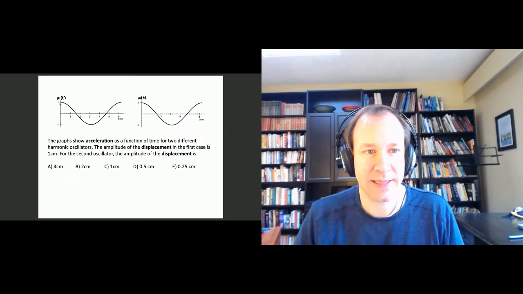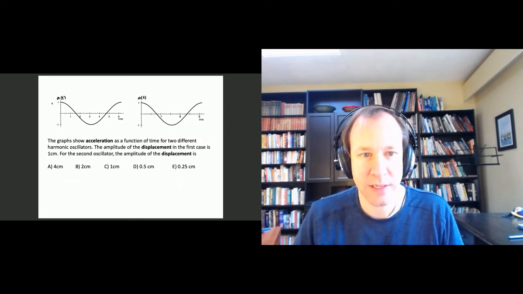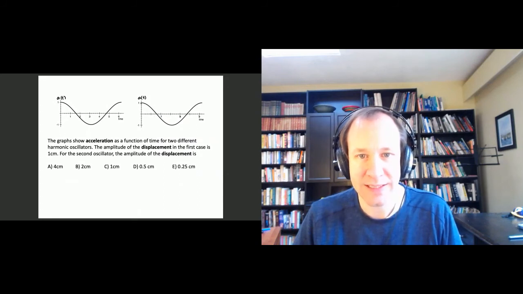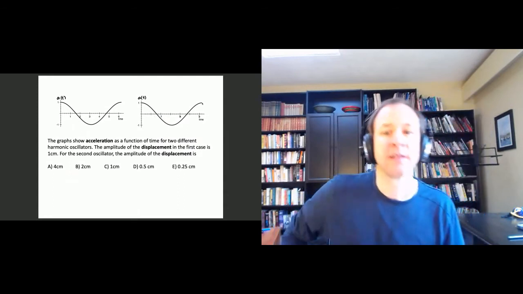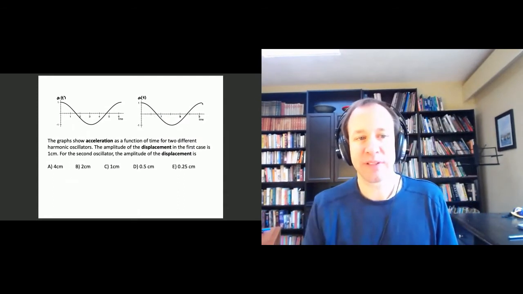And we see that the amplitudes are the same for acceleration, but apparently the frequency is different, because in this case, it takes time 6 to do one entire period. In this case, it takes time 3 to go through an entire period. And what we're asked is, how would we relate the amplitude of displacement for the first one versus the second one?